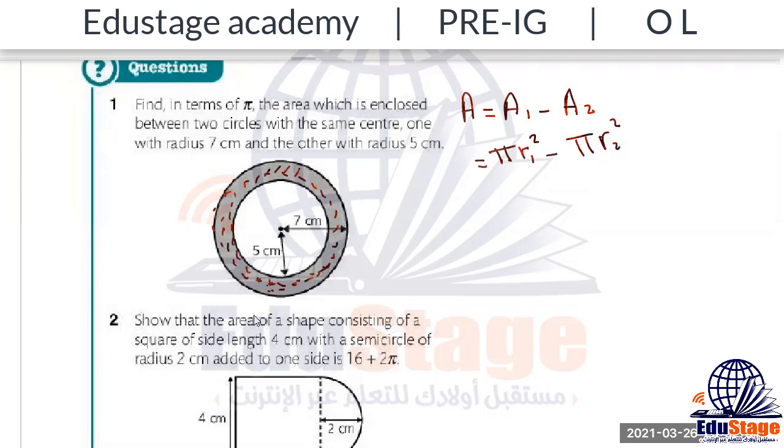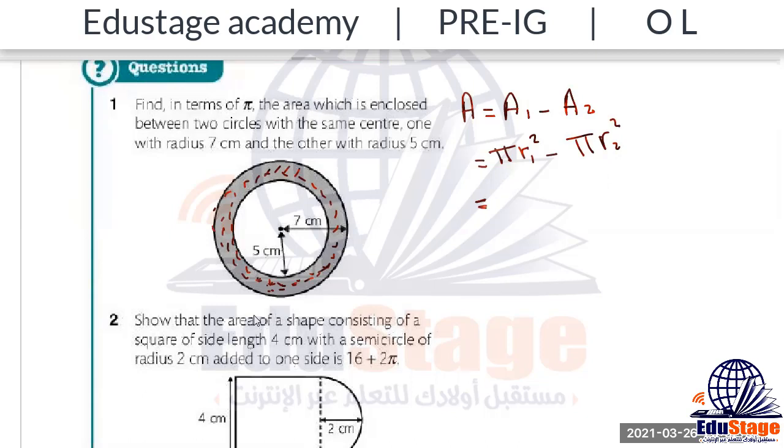Teacher, which one is R1 and which one is R2? R1 is 7 and R2 is 5. Okay, complete.